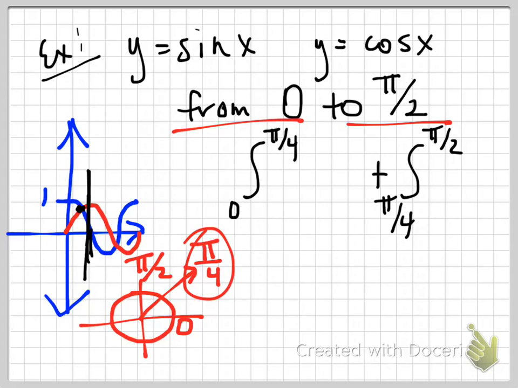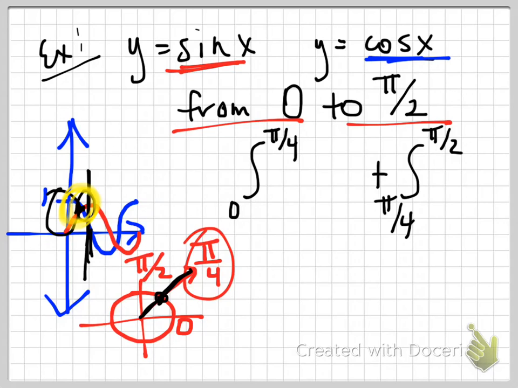So I've got 2 intersections, and the thing about that is, this first part, the blue curve is above, and the second part, the red curve is above. So not only do we have 3 intersection points, we also have to plug in and see which one's top and which one's bottom based off of the interval.